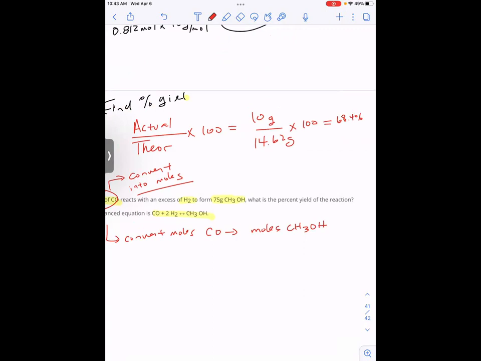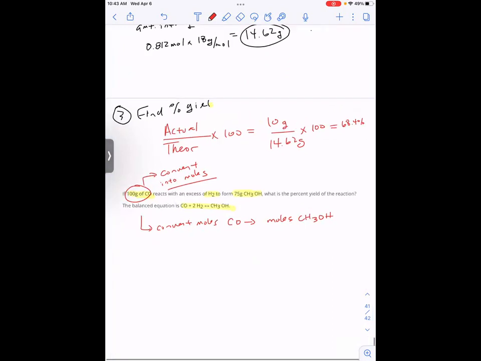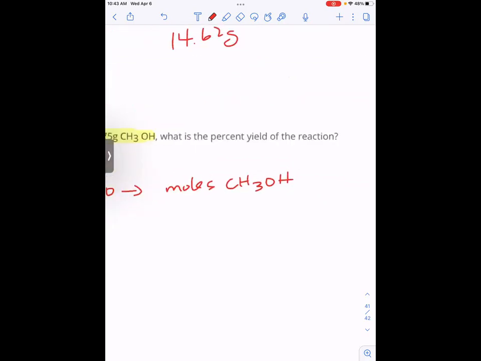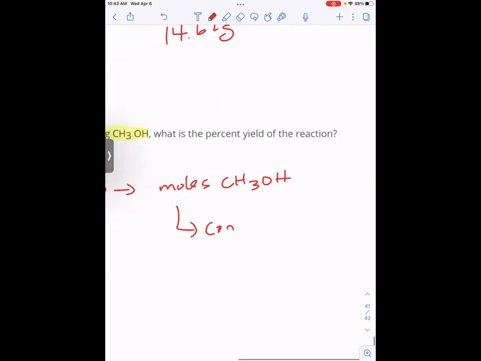Then I need to convert that into grams. So I convert the starting material, the limiting reagent, into moles, convert moles of CO into moles of methanol, and convert moles of methanol into grams.